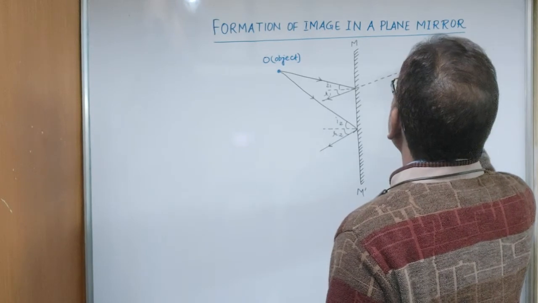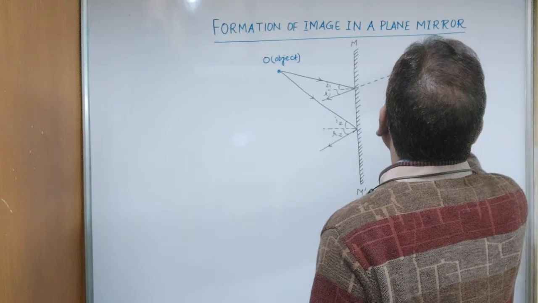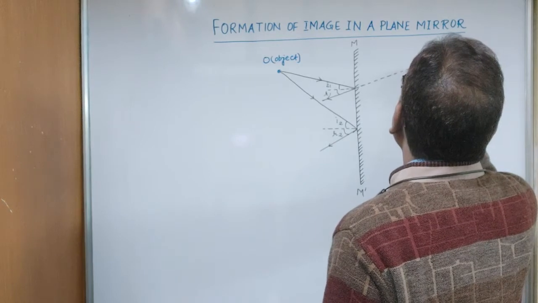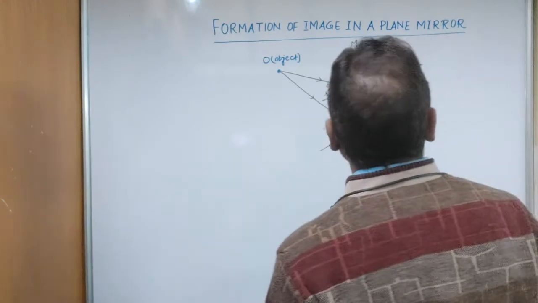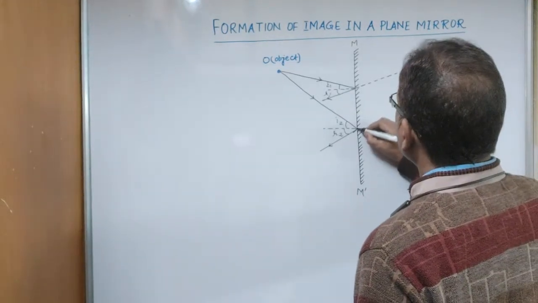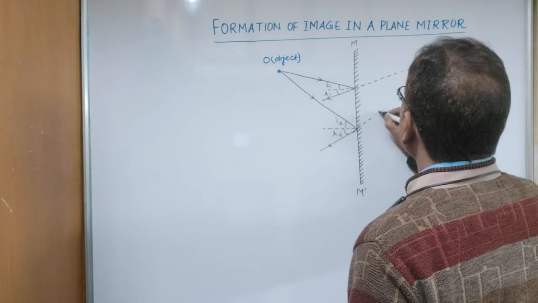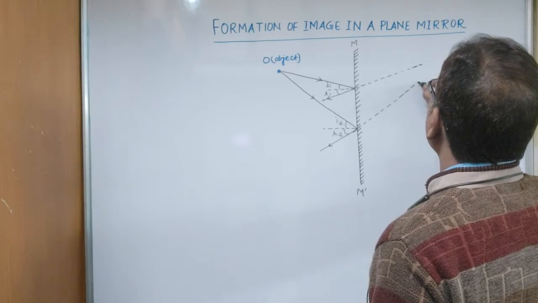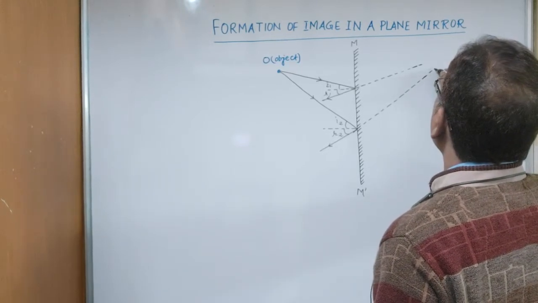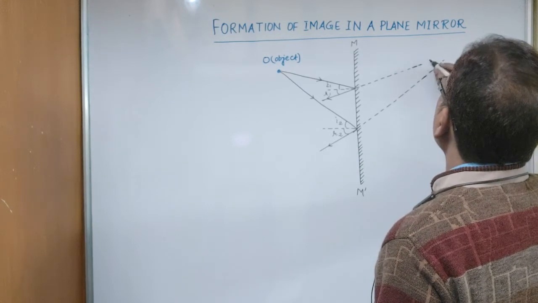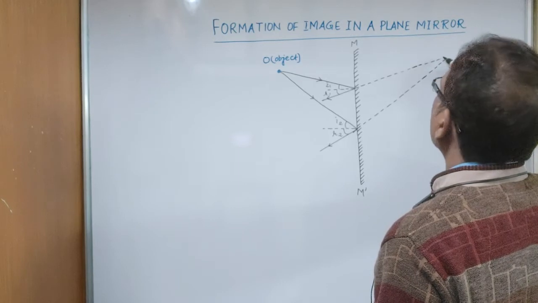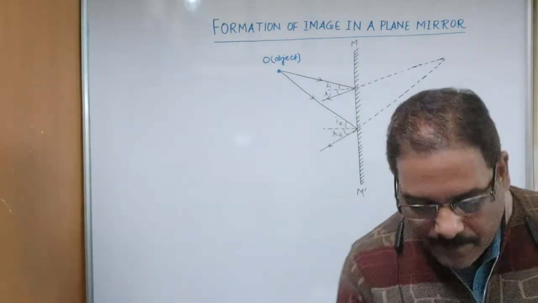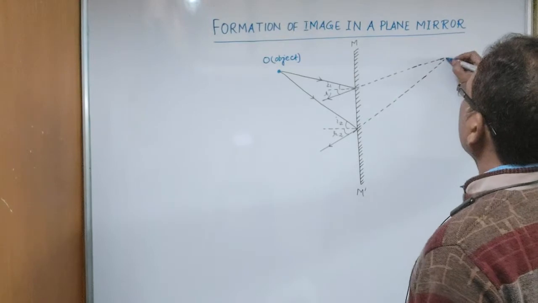If you produce these rays backward, you will find that these two reflected rays meet somewhere here.